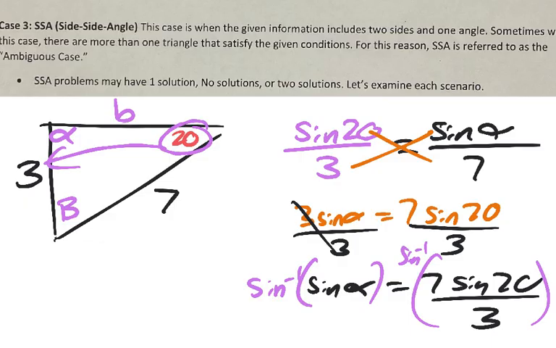This is 3. I have a side of 7. That's not great. Okay. But pretend like this is my side of 7.